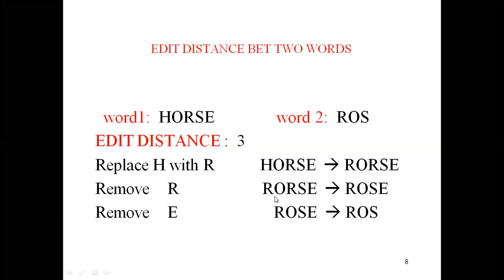If you remove R, what happens? The third R you are removing. If you remove the third R, what happens?